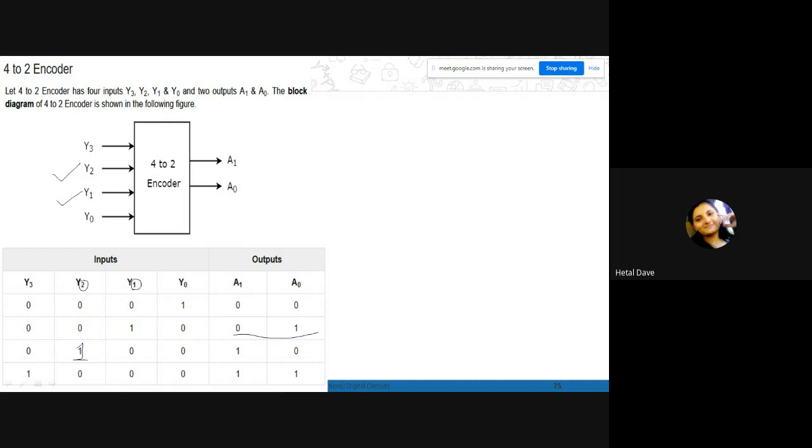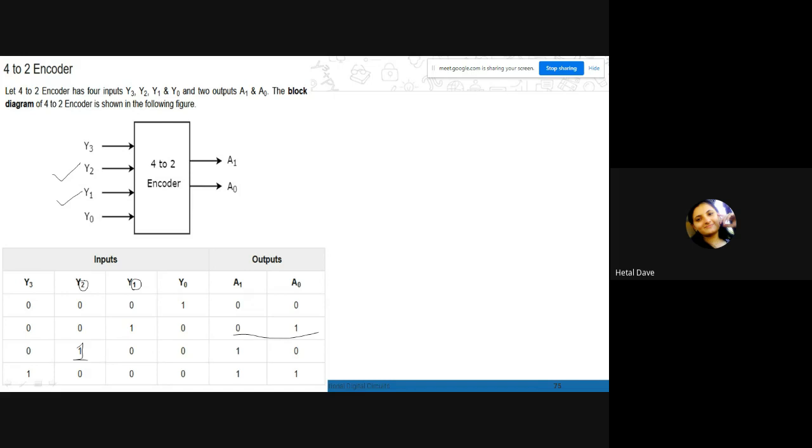So 8 cross 3. Let's say the 6th switch is pressed. What will be the output? If the 7th switch is pressed, what will be the output? 1, 1, 1. 8 cross 3: 8 inputs, 3 outputs, 0 to 7.